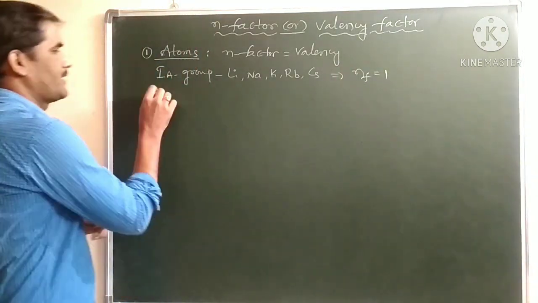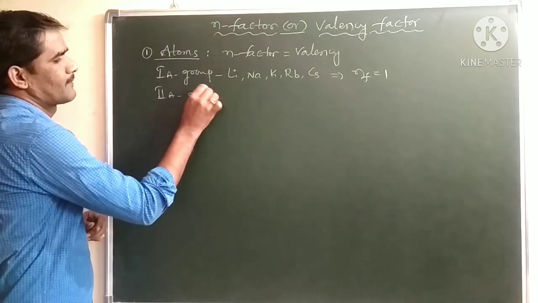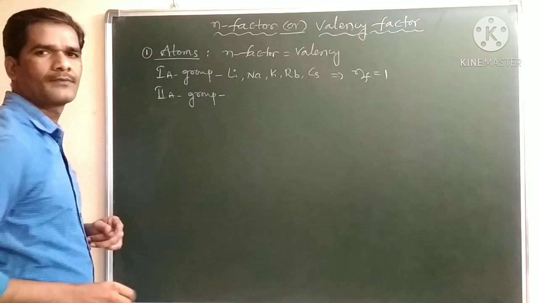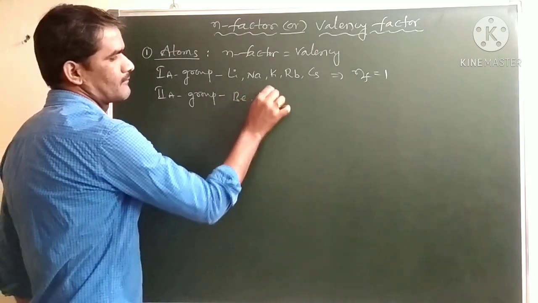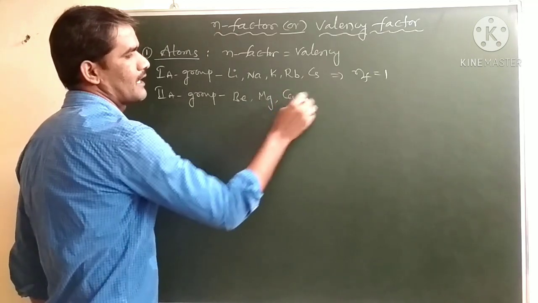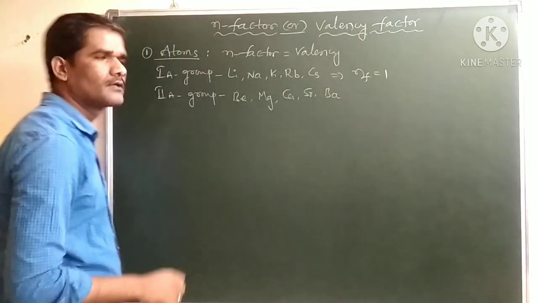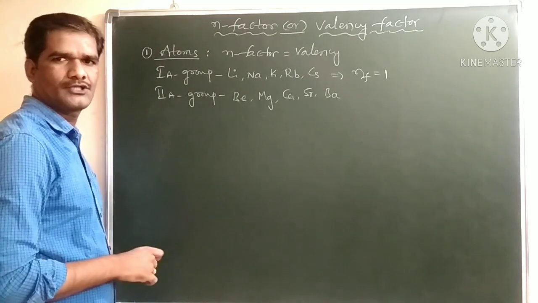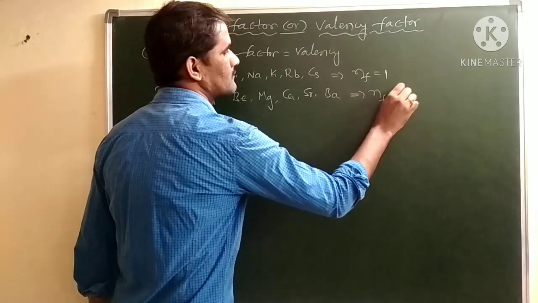Similarly, if we take second A group elements, they are beryllium, magnesium, calcium, strontium, barium. Again, all these elements' valency is 2, and their N factor is 2.